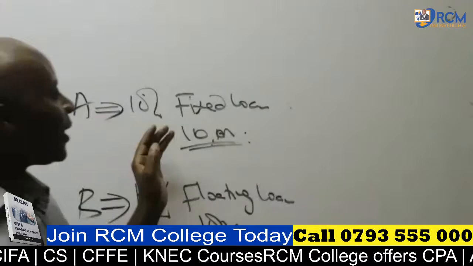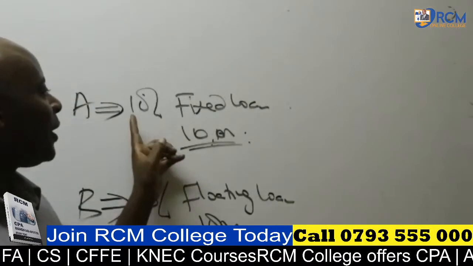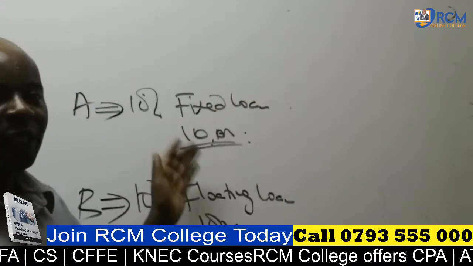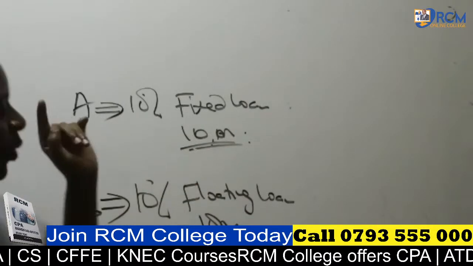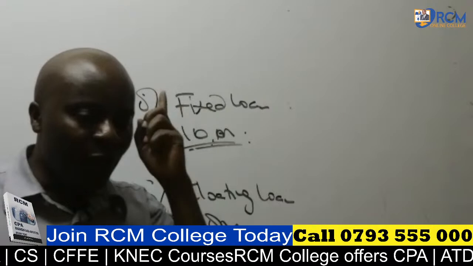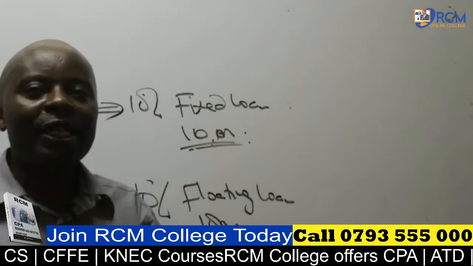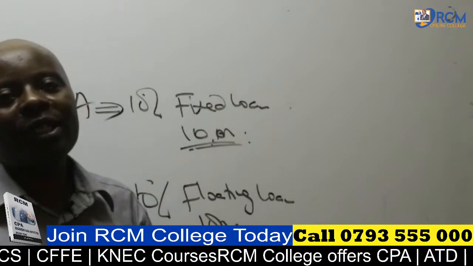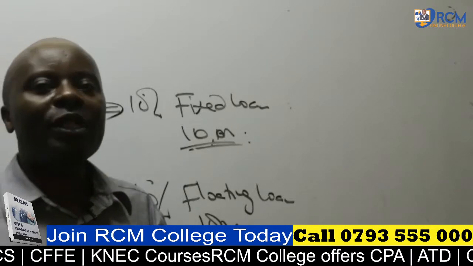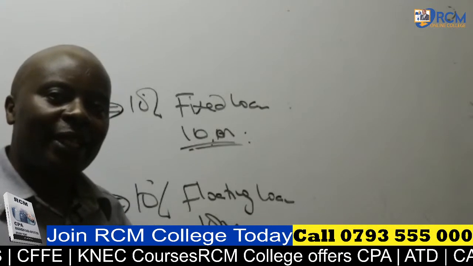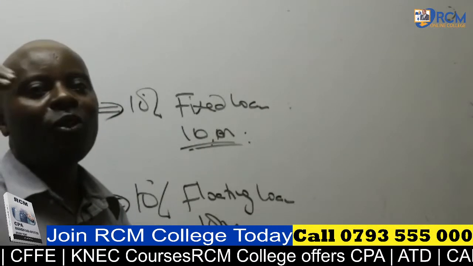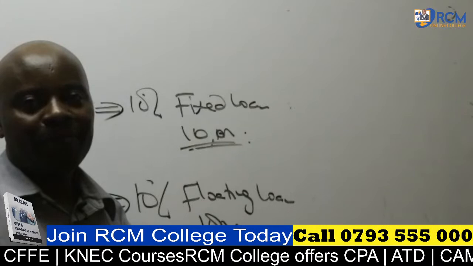So the same case, you will get this company where they are. When it's fixed interest, it means it will be 10% of 10 million, which is $1 million interest every year. So you will get these guys saying, we wish we knew, we would have taken a floating interest rate. A floating interest rate means that when the interest rate changes in a particular market, of course, if it increases, then automatically the banks increase your rate of interest, right?